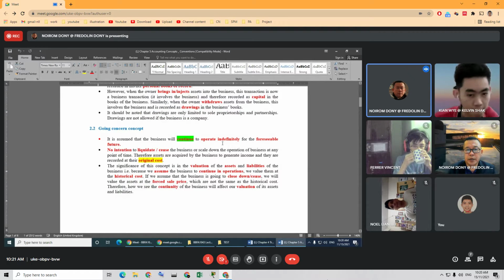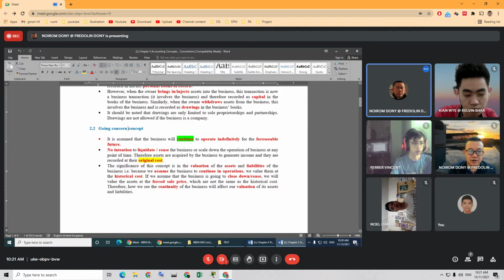Okay, so moving on, the next one is the going concern concept. When we look at this word, going concern, going is referring to continuous, continuing in operation. Concern means we are talking about the focus.